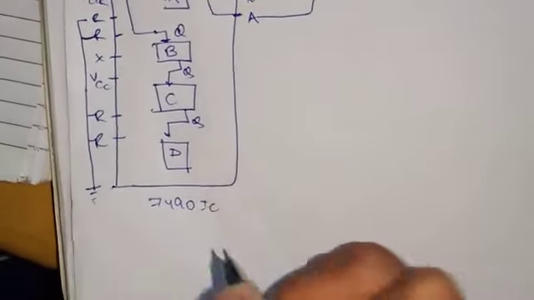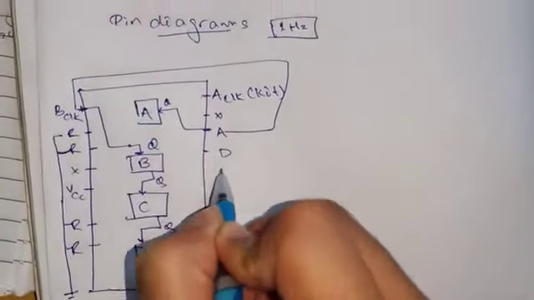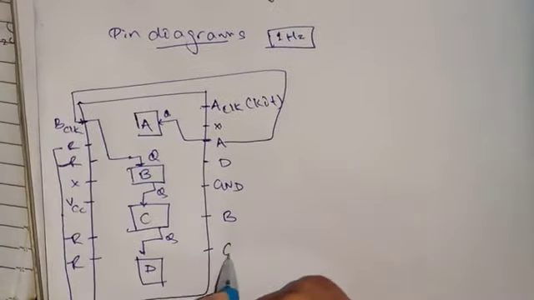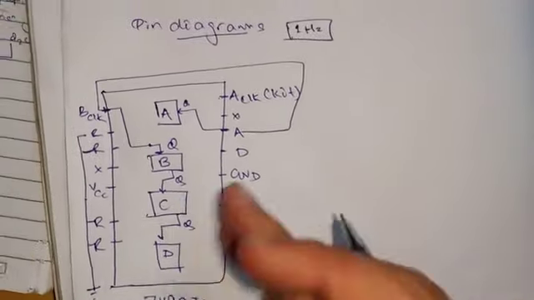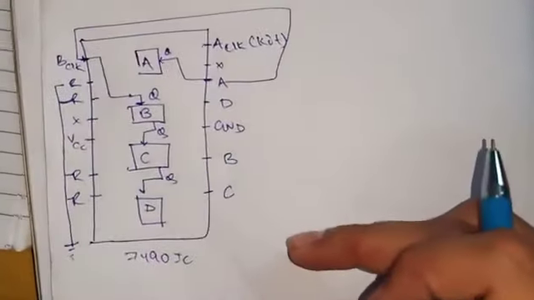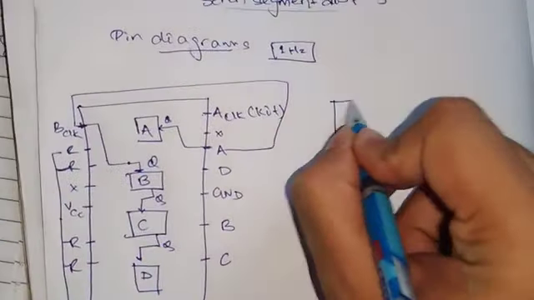Now after A you have D, then ground, then B, and then C. This is the complete pin diagram of the 7490 IC, and after this you need to draw the 7447 IC.